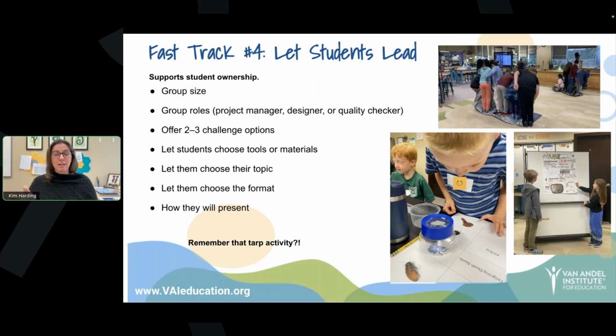These kiddos here wanted to learn about insects. Now, we don't all have a bunch of insects in our classroom. Maybe some of us have some, we don't want them. But if we don't have the things the kids want, you can see here in this picture, these are printed pictures of insects. The kids are still using the science tools. They're still linking this to their science and math standards. They even do some writing about it.